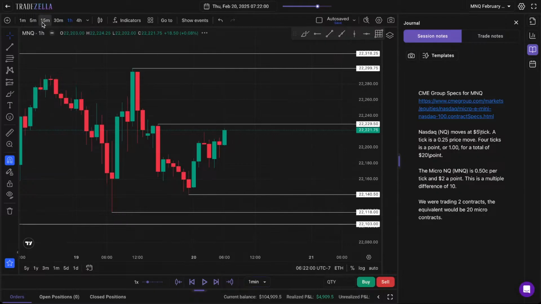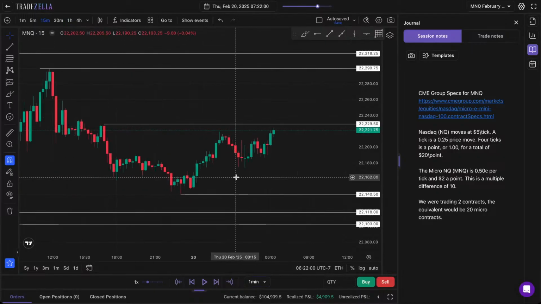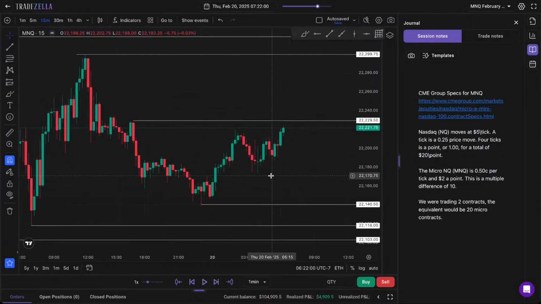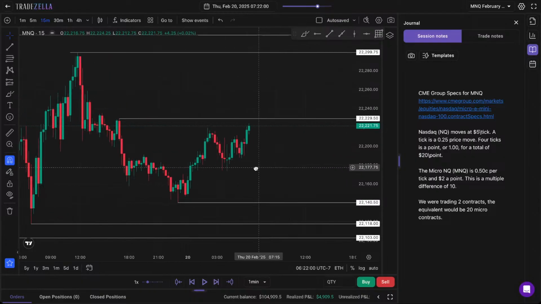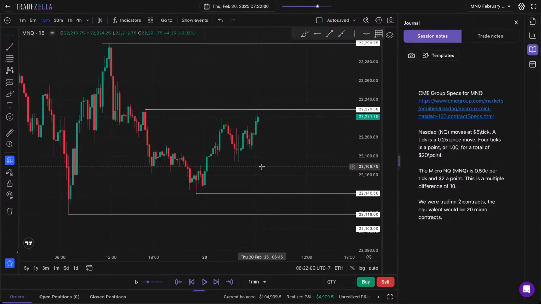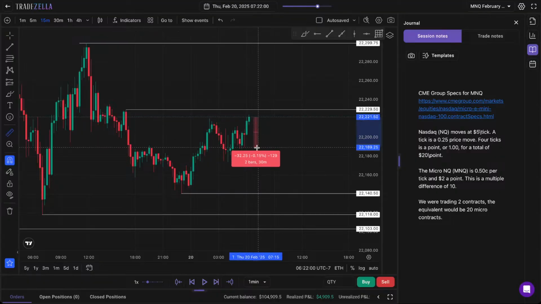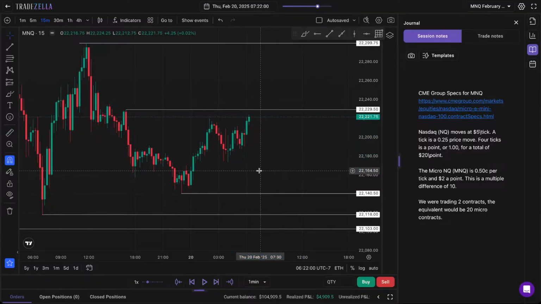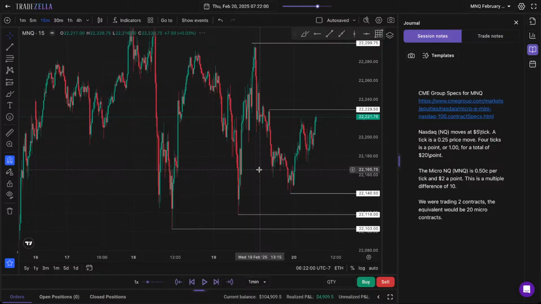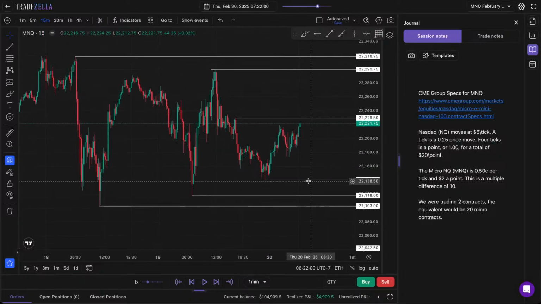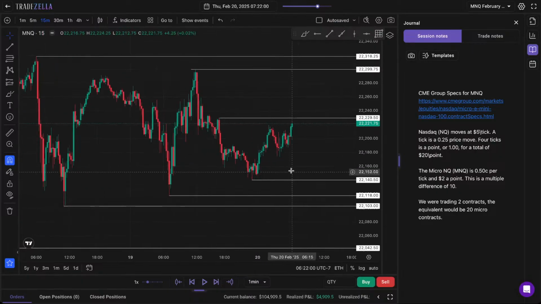Down to 1 minute here. Let's look at the 15. Here's the 15. Beautiful. So we think we can short this. That's what we're thinking.